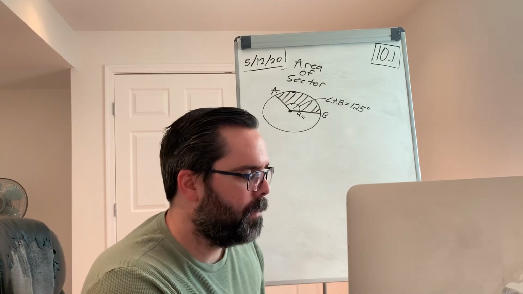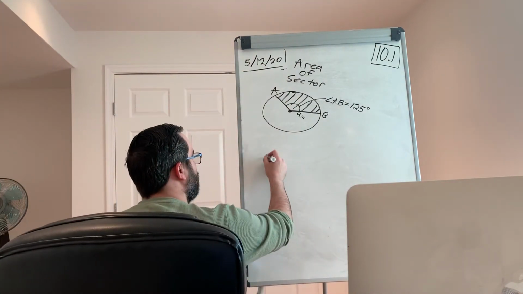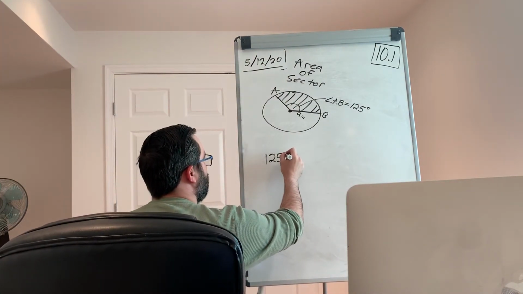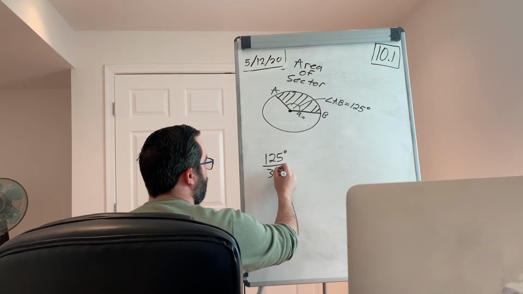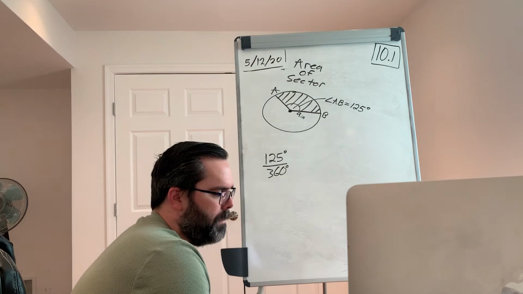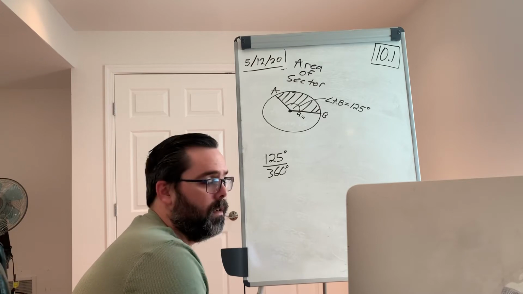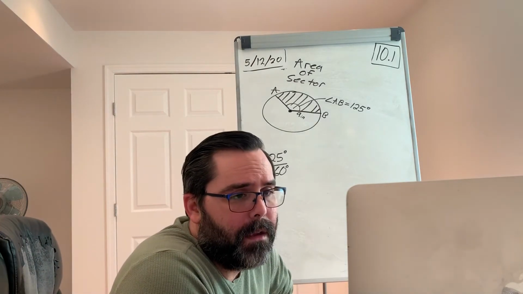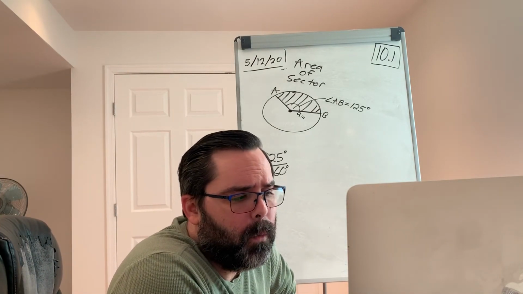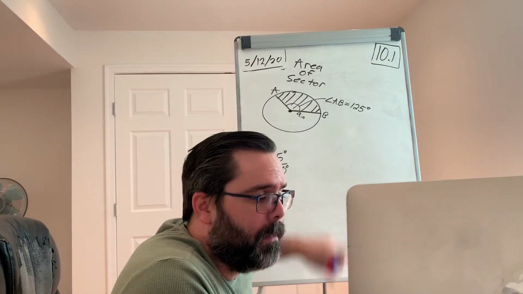So here's the proportion. We know that 120 degrees is the part of what whole? 360 degrees. Correct? So what percentage is that slice of pizza from the whole pizza?